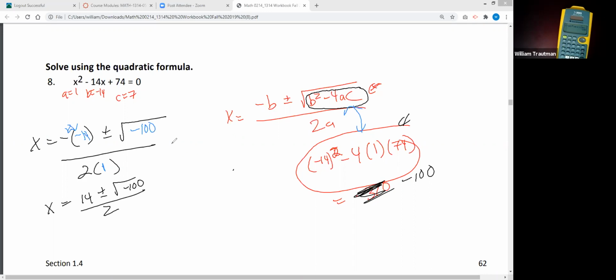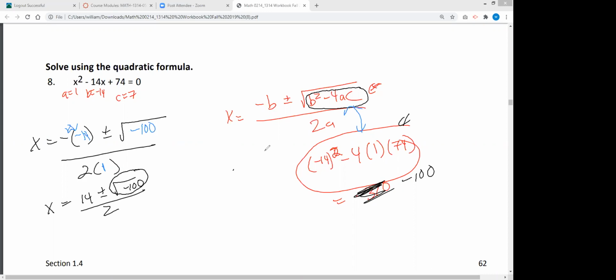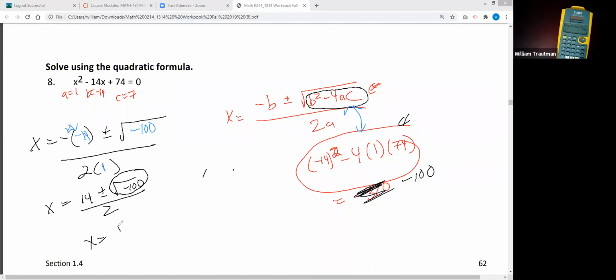Okay, so let's look at this. Can somebody tell me just what this equals? What's the square root of negative 100 equal? 10i. 10i, perfect. The square root of 100 is 10, and the negative is i. So this changes to 14 plus or minus 10i over 2.